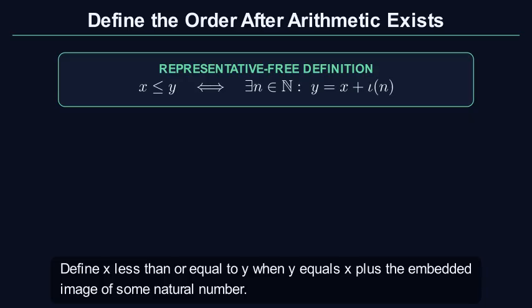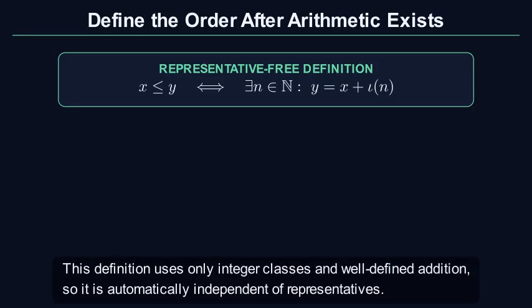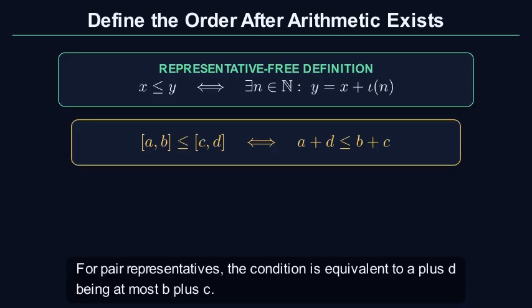Define x less than or equal to y when y equals x plus the embedded image of some natural number. This definition uses only integer classes and well-defined addition, so it is automatically independent of representatives. For pair representatives, the condition is equivalent to a plus d being at most b plus c.